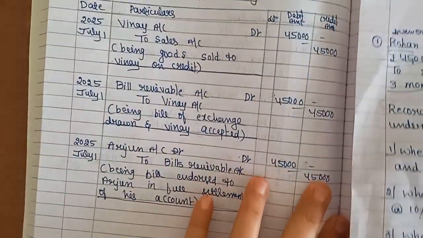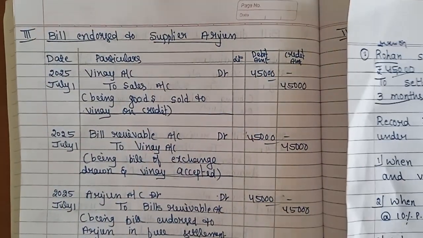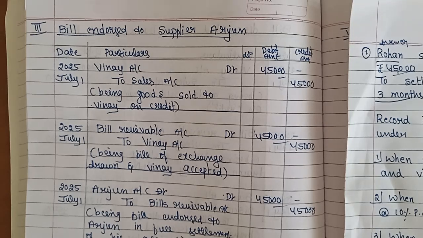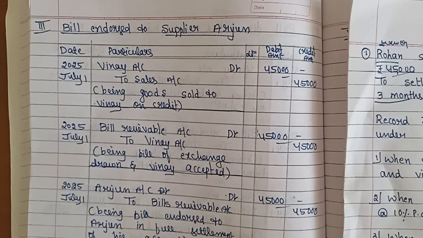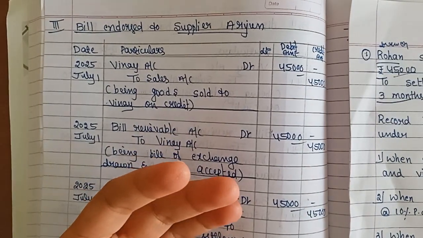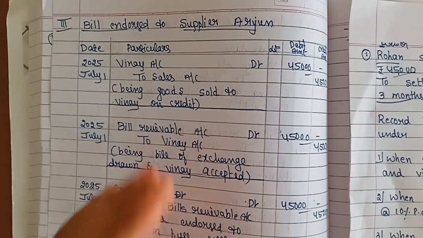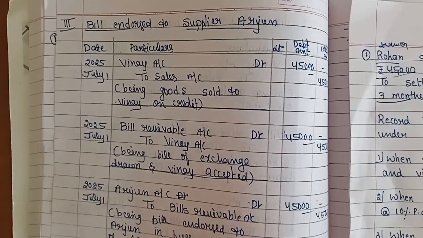Here Rohan uses the bill to pay someone else. Rohan uses the bill to pay Arjun. In our case, Arjun. Bill endorsed to supplier Arjun.